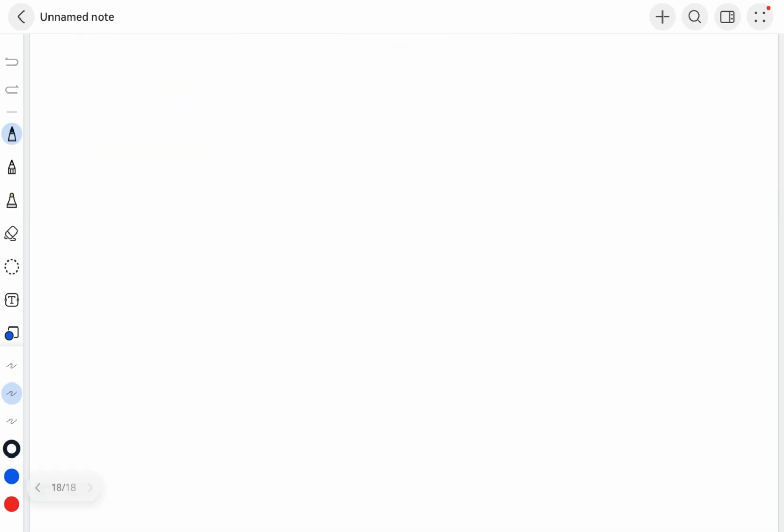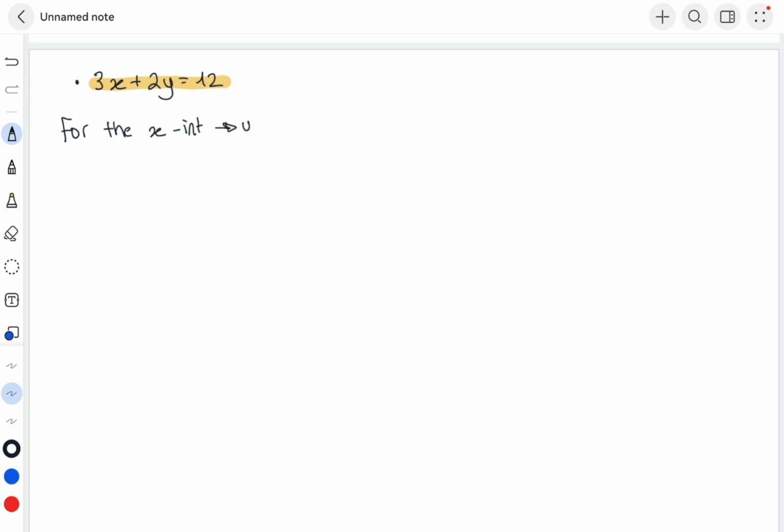We'll do some more examples that are a bit more challenging. For instance, this one: 3x plus 2y equals 12. We do the same thing that we did before. For the x-intercept, we need to set y equal to 0, which means we'll have 3x plus 2 times 0 equal to 12. 2 times 0 goes to 0, so we'll have 3x equal to 12.